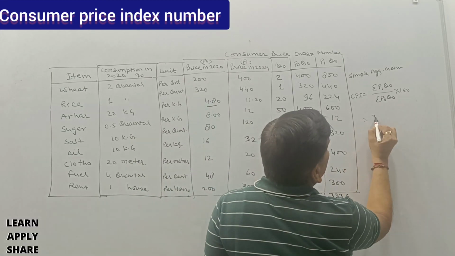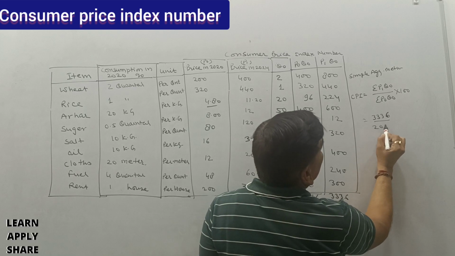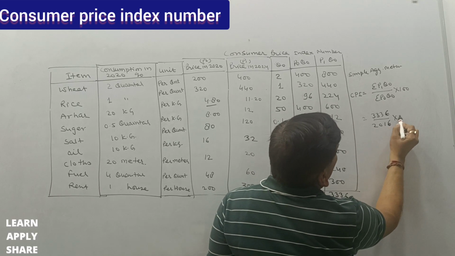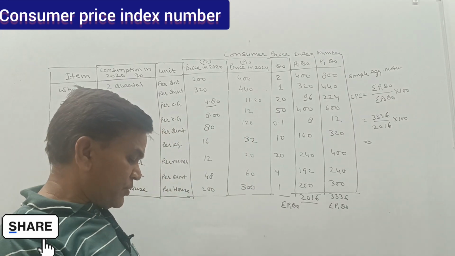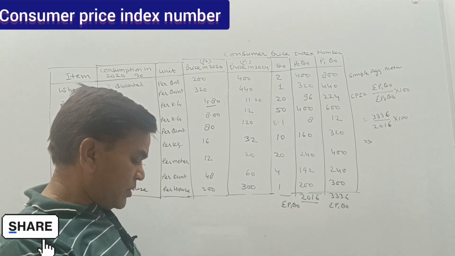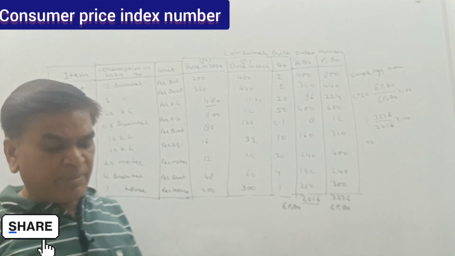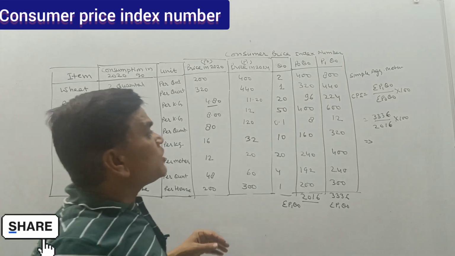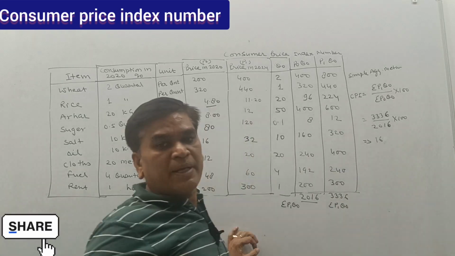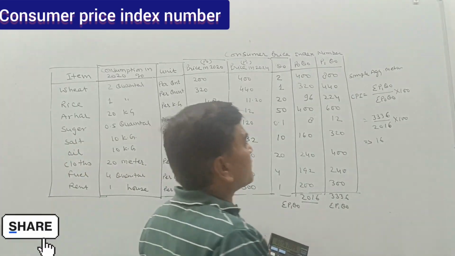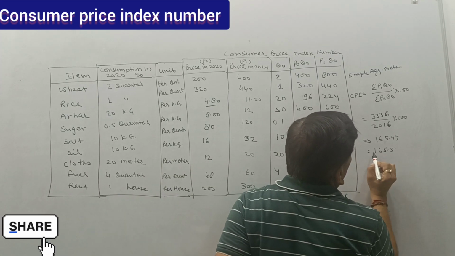So that will be 3336 divided by 2016 multiplied by 100, that is 165.476. So the consumer price index will be 165.47, or we can write 165.5.